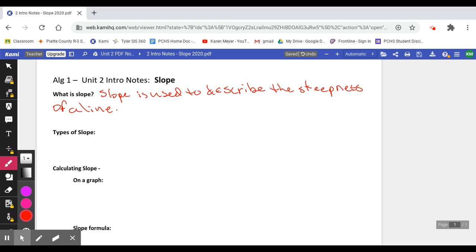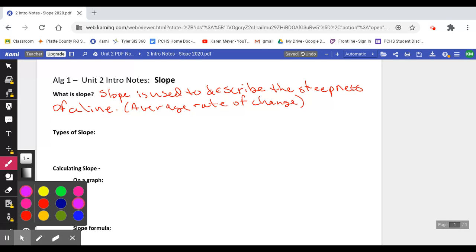Another word that sometimes you can see for slope is if they say average rate of change. So once again, if somebody says, tell me the average rate of change, they just really mean, tell me the slope.